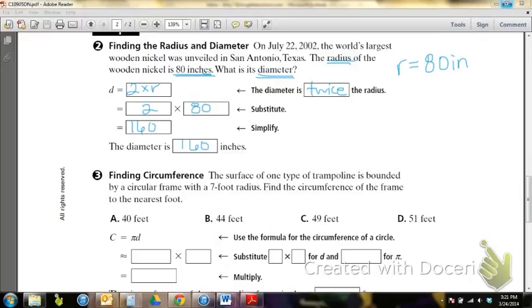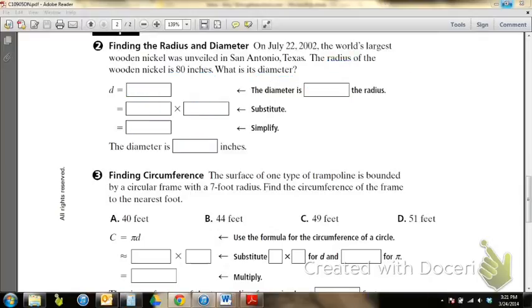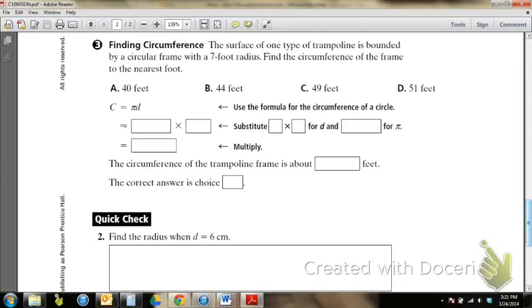Okay, now what if I had to go on and find circumference? The surface of one type of trampoline is bounded by a circular frame with a 7-foot radius. Find the circumference of the frame. So again, I know that my radius is 7 feet, and they want me to find their circumference.